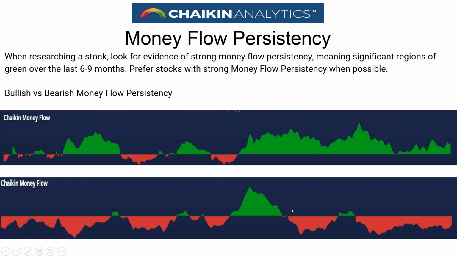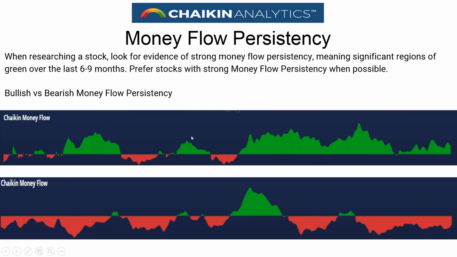So for the most part, we can think that this stock is under distribution. And again, you can see aside from this one peak here, the valleys in money flow tend to be much greater on the downside than do the peaks in money flow on the upside.